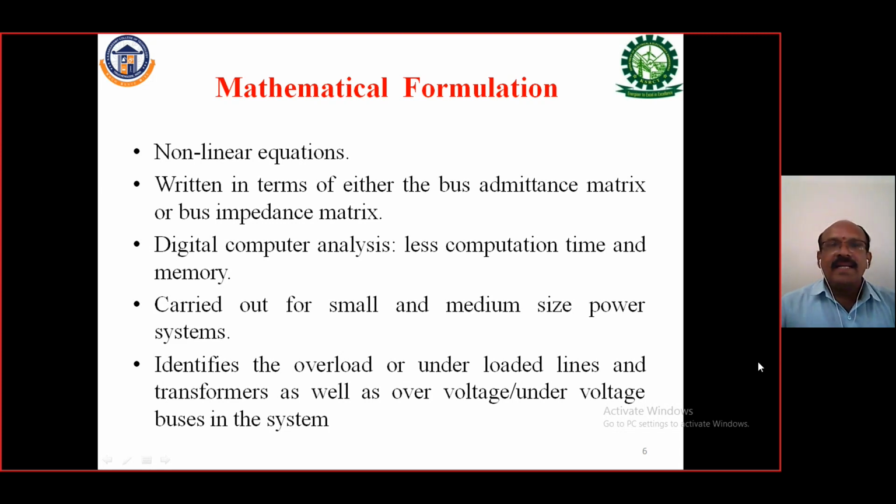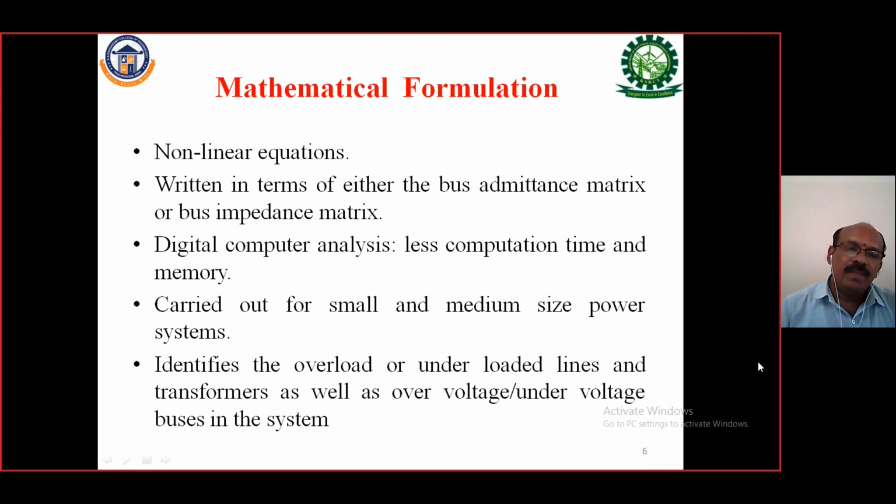Next, digital computer analysis. Okay, actually our power system is a huge network, so only a computer can solve the power system problem. The computer requires less computation time, and it also requires less memory space. So it is very important.